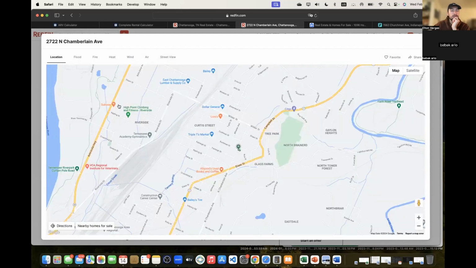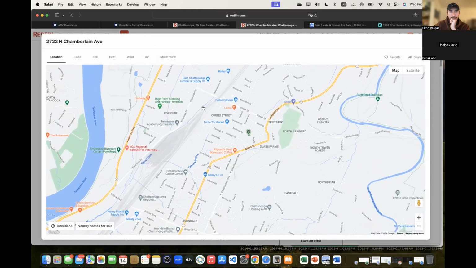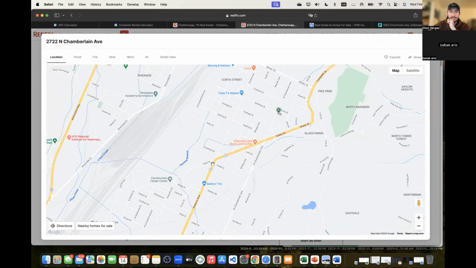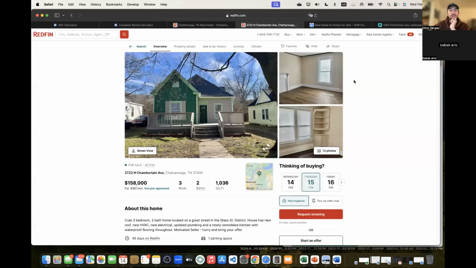All right, cool, so it looks like I can definitely get away with that. Definitely Campbell and Glass Street are going to be the main ones, and then there's train tracks. So this area is where I've got to look for my comps. So Crutchfield Street is going to be my last resort on finding them.